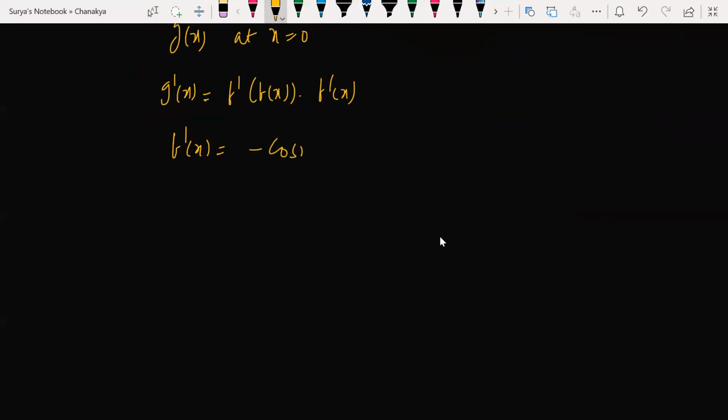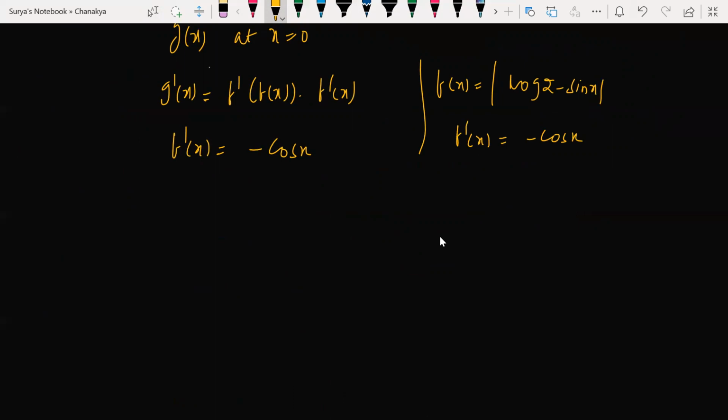Minus cos x directly. Why? Because he has given f of x is equal to log 2 minus sin x. So f dash of x is minus cos x, directly.